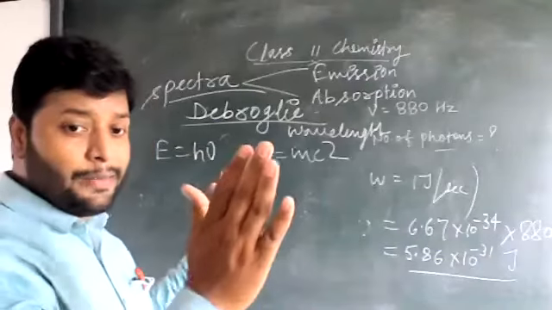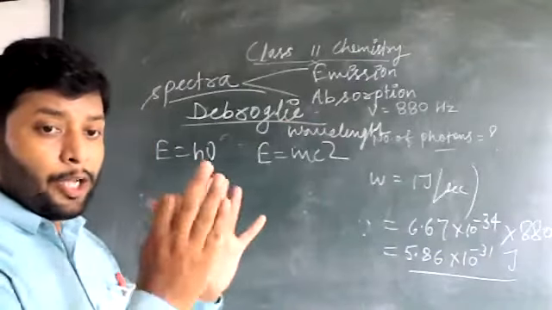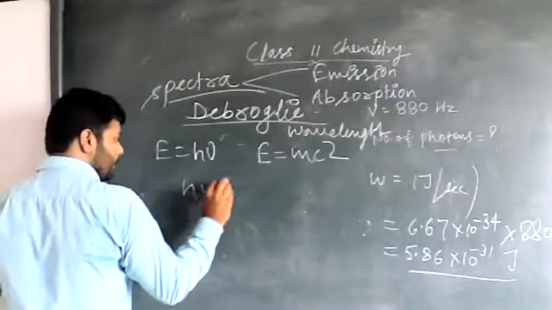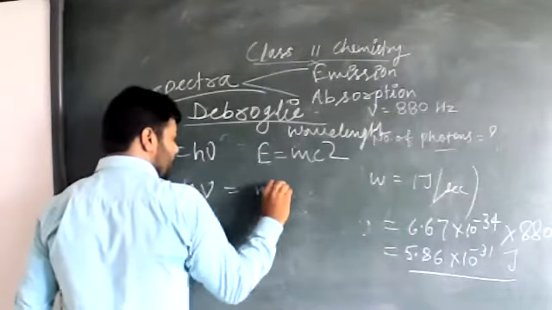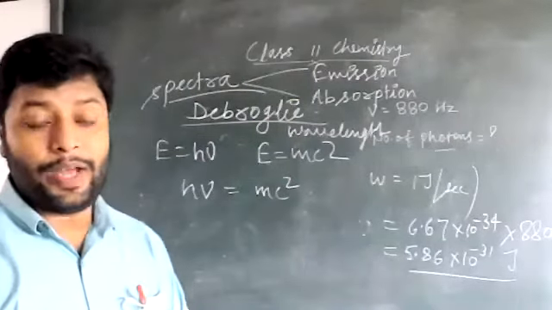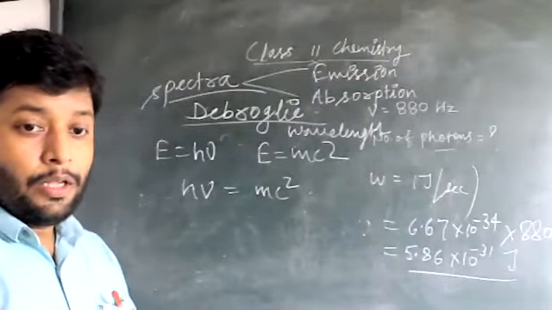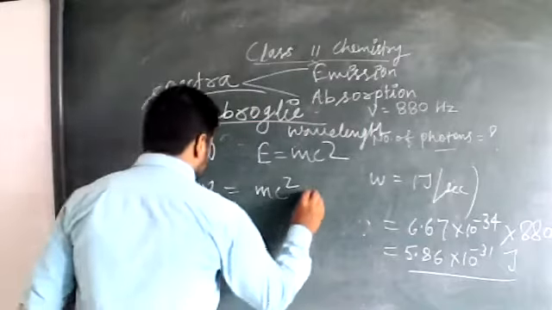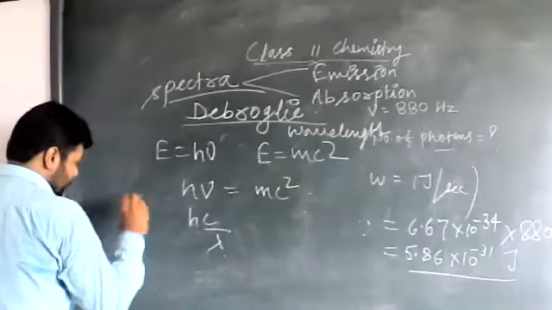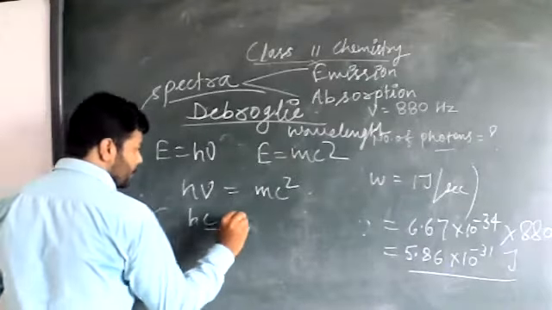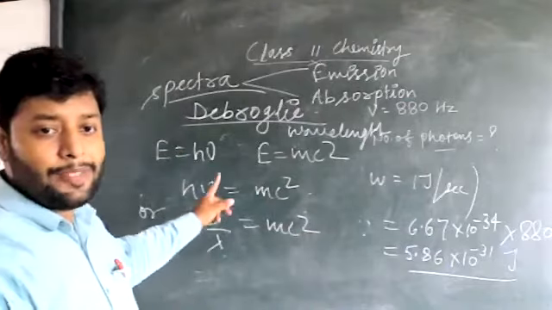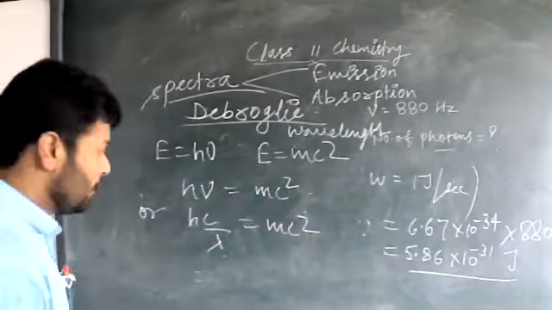If we equate these two equations, the formula will be h nu equal to mc square. This can be written as hc by lambda equal to mc square, because the frequency equals c by lambda.